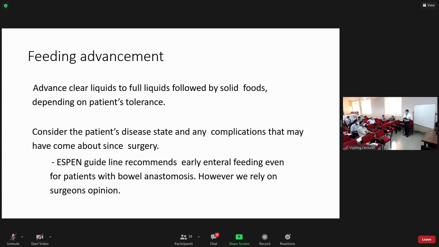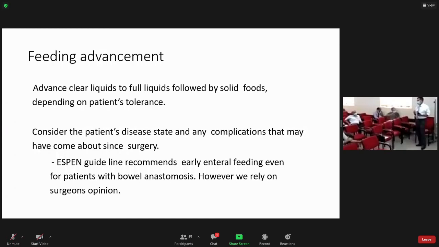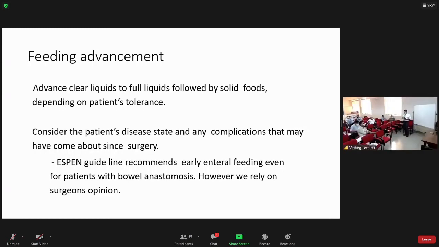Below the stomach, we have to use continuous feeding. For continuous feeding, we use either feeding pumps, like your infusion pump, or feeding bags, like a saline bottle. But I have seen that most of the time you practice hourly feeds, which is not mentioned in guidelines. It should be either bolus feeding 2 hourly or 3 hourly, or continuous feed through a feeding pump.